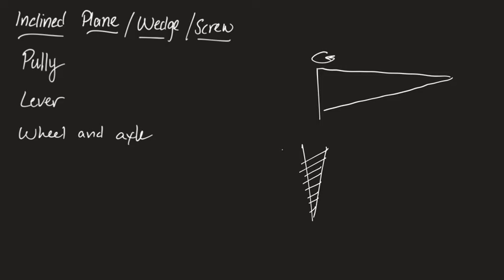So a screw only has to travel this far, but has to be twisted a very long distance in order for it to go a very short distance into the piece of wood or into the wall or whatever it is. But a screw is just an inclined plane that's been rolled up along one of its axes. And again, it does the same thing that an inclined plane would do.